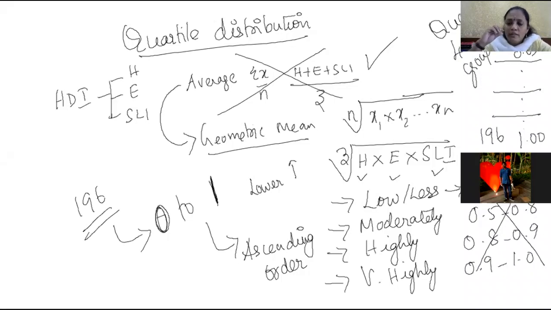So please try to understand this mathematics. This is a major change which they have made in the Human Development Report, and this is what is being followed. You have to remember this method as quartile distribution. That's very, very important. This word, which we have written on the board, quartile distribution: dividing a number into 25%, 50%, 75%, and 100% is what is the quartile distribution.